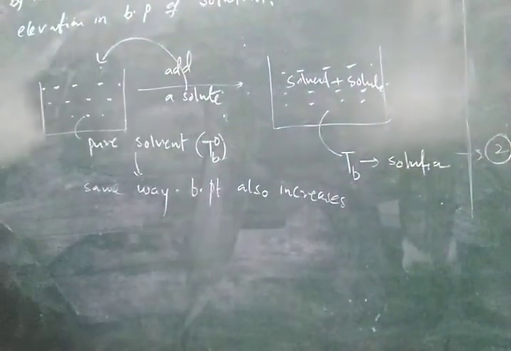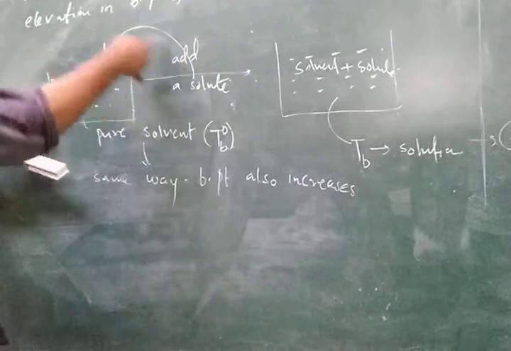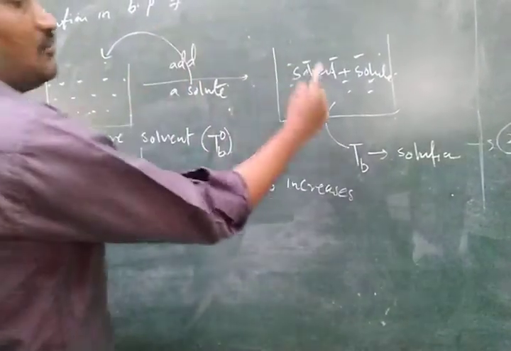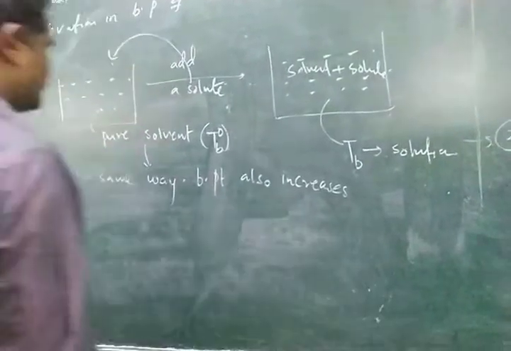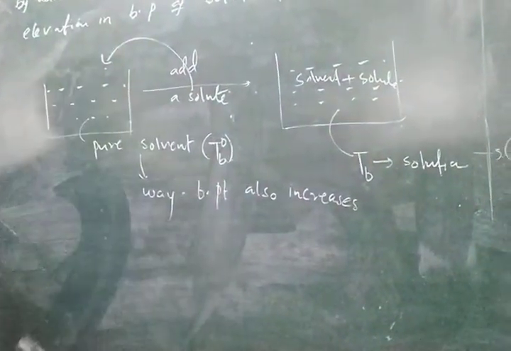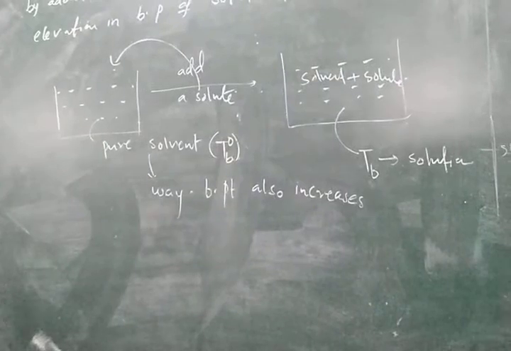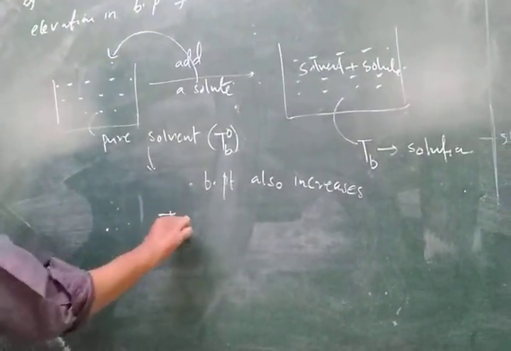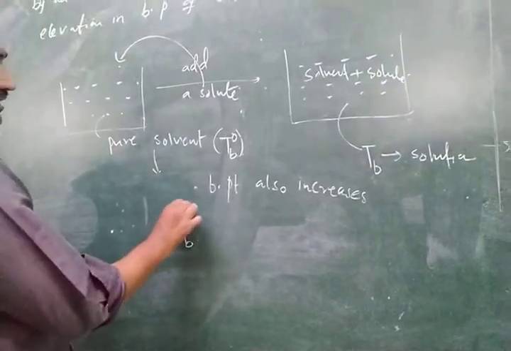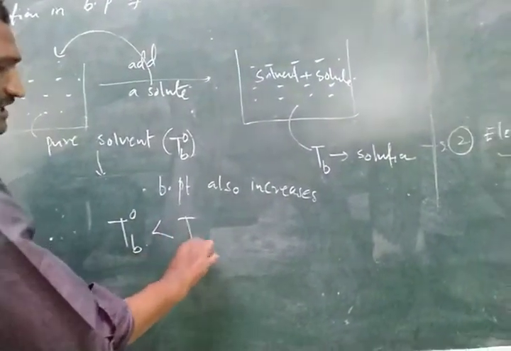So by addition of non-volatile solute, the boiling point of the solution increases. Here TB0 is less than TB.